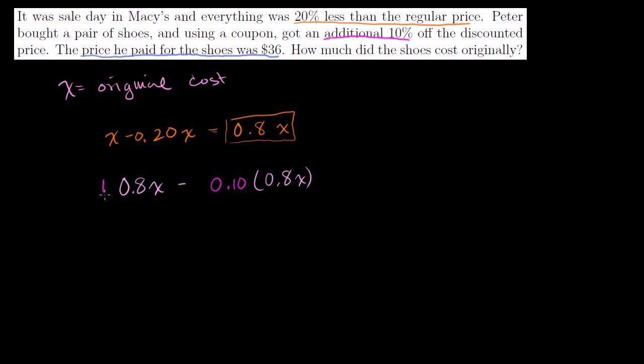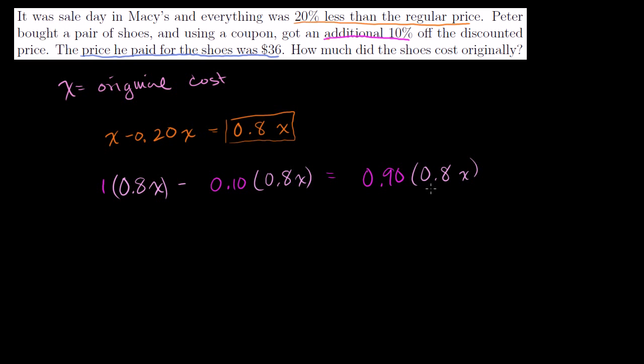This is the same thing. This is 1 times 0.8x. This is the same thing as 1 minus 0.1. So this is equal to 90% of 0.8x.